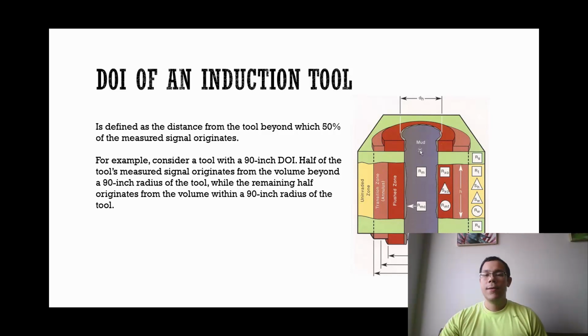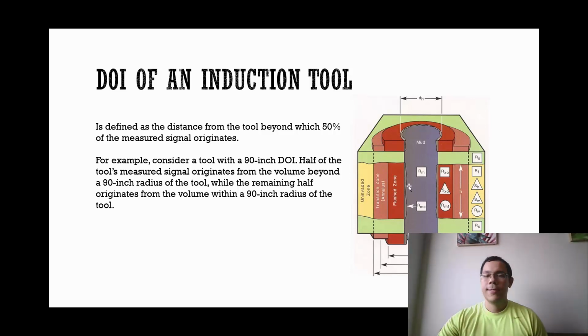If I say my 90-inch curve from my induction tool, it means that 50% of the value that the 90-inch curve is giving you comes from a distance 90 inches away from the center of the tool.